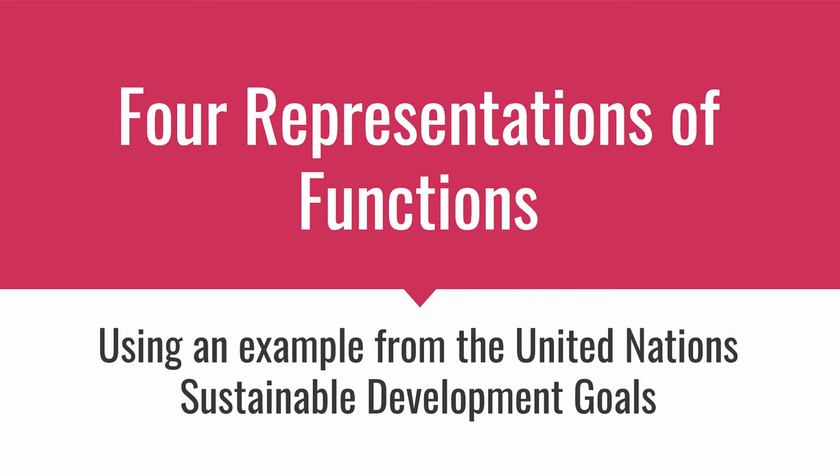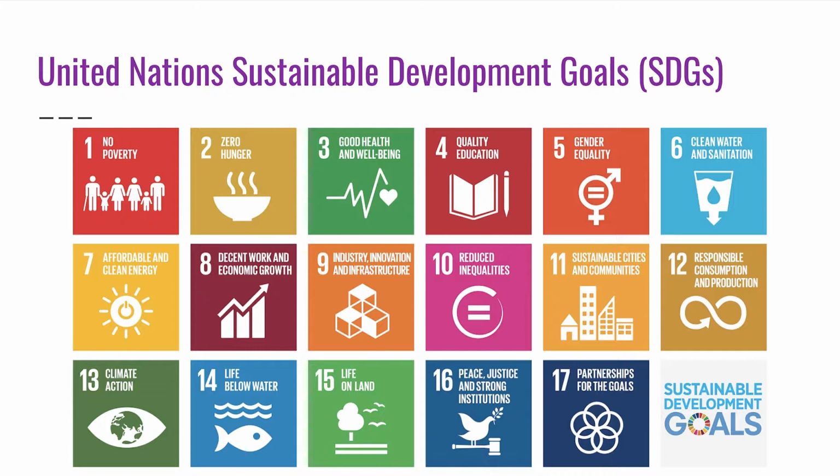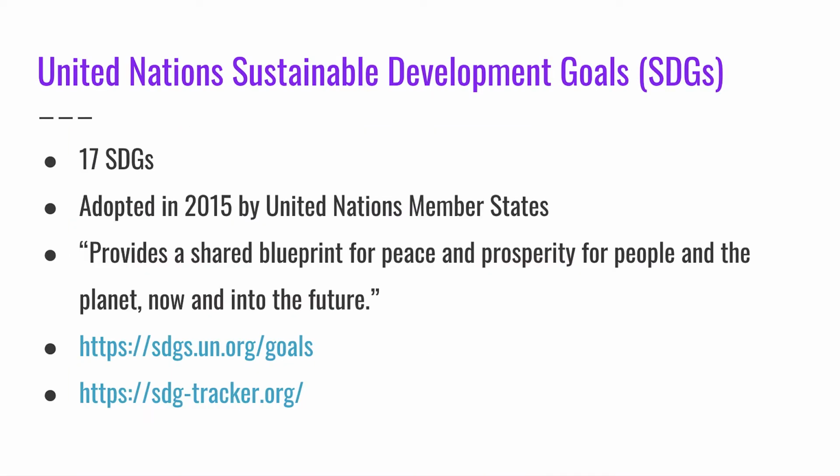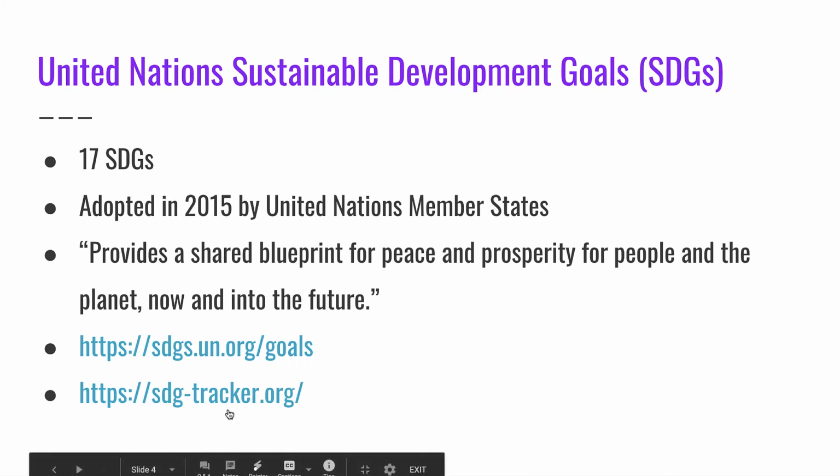For our example, we are going to use data from the Sustainable Development Goals. These 17 goals are a blueprint for a sustainable future. Each one of the goals has targets, and each target is tracked by data. And we can find that data on the Sustainable Development Goal Tracker.